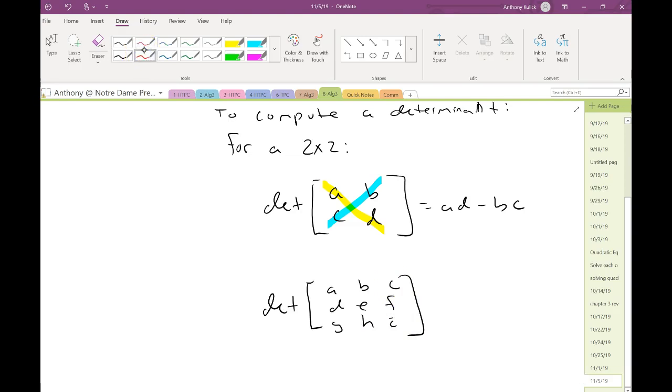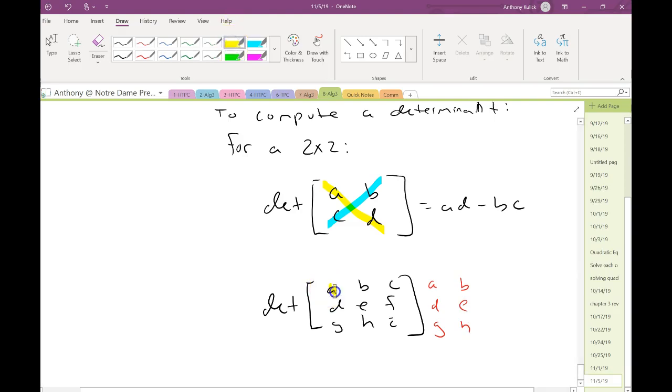So to do this for a 3x3, the way we're going to do this, I'm going to show you what's called the diagonals method. To do this, we're going to start by recopying the first two columns of my matrix.